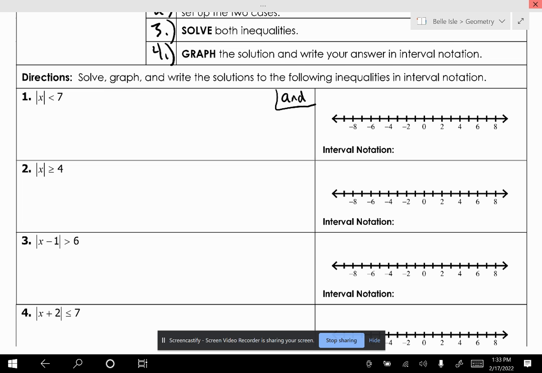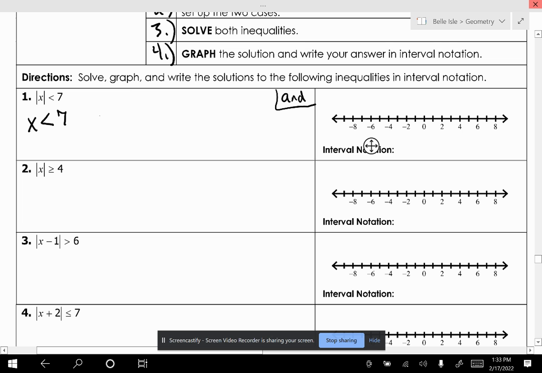Okay? If you got it wrong, look back up at case 1 and case 2. Okay? If it's a greater than, it'll be an or. If it's a less than, it'll be an and. Okay? So when we write our second case on these, we will have x is less than 7.